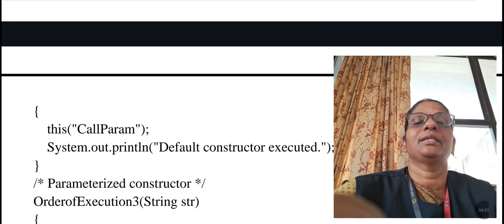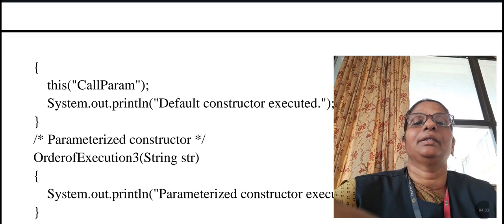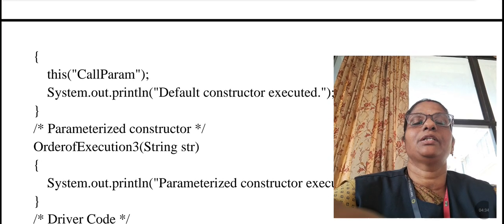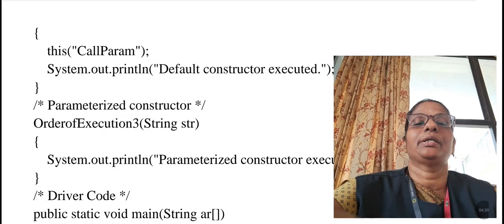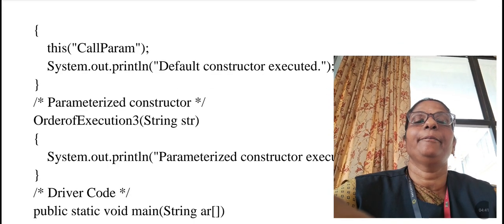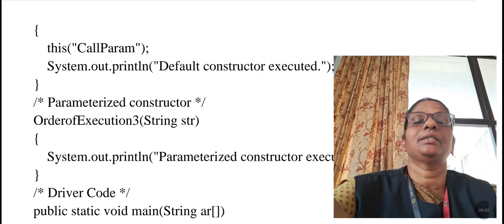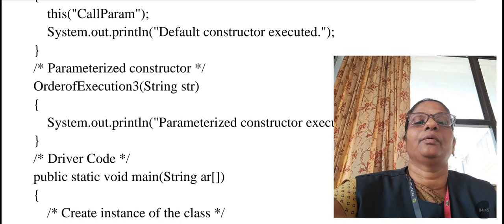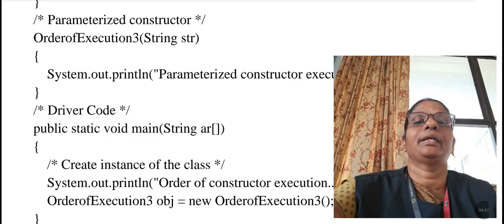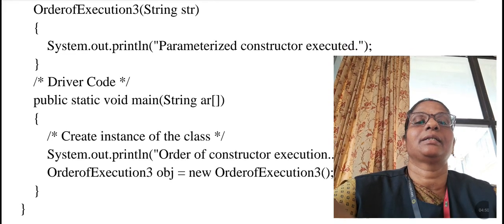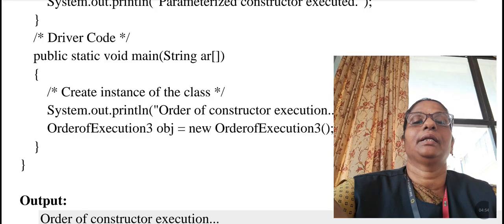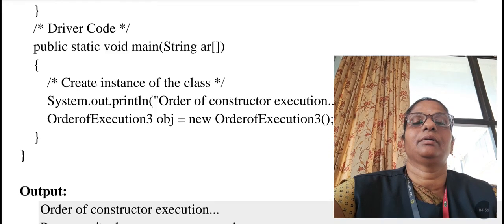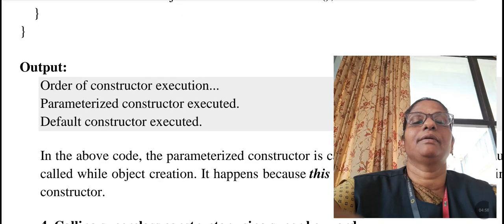In that we use this, and the this keyword is used to execute that particular constructor's statements. Finally, the order of execution is shown with strings, System.out.println, a parameterized constructor executing, and a public string method where we can create a print statement and get the output.